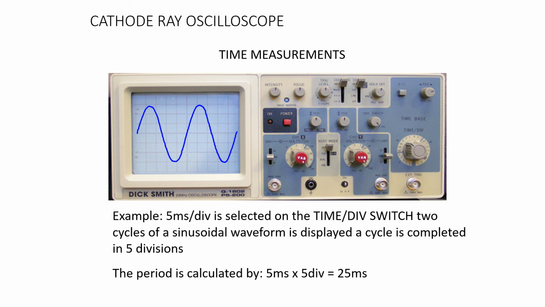We have the time per division control to observe the waveform comfortably so that the frequency of the signal is easily visible. Next, you have the internal, external, and auto triggering control. We have the intensity and focus control. We have the astigmatism control. We have the trace rotation control.